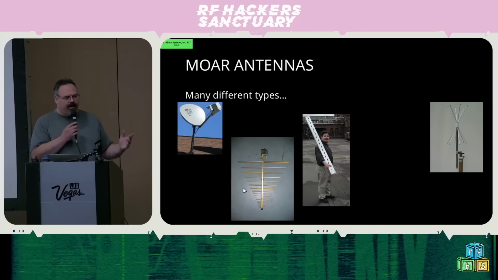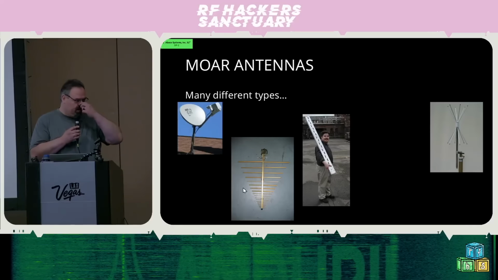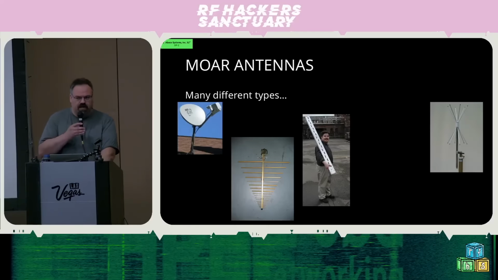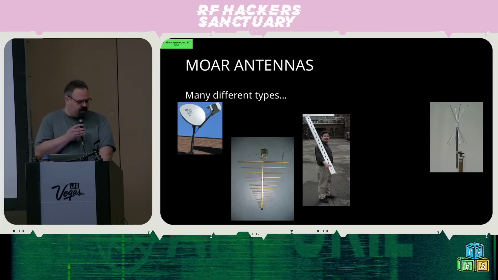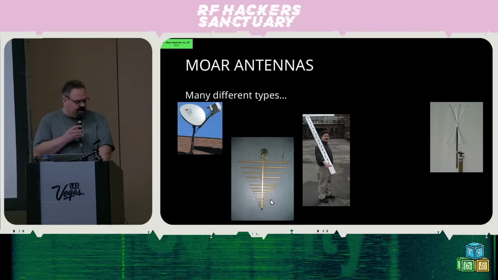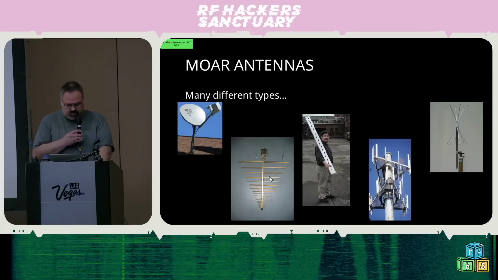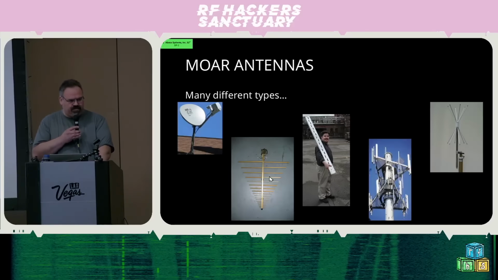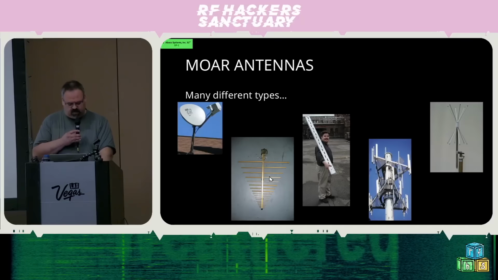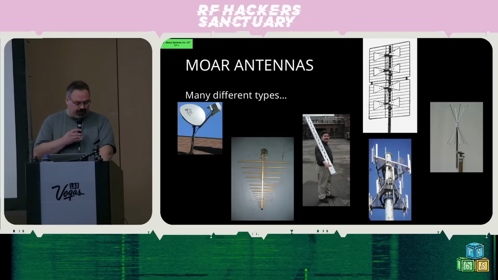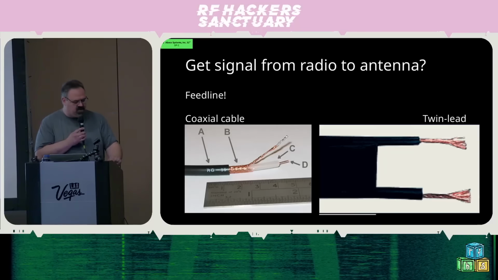Logarithmic antenna or log periodic: it basically is good for a whole lot of frequencies. It's a very wideband antenna, and it's a little bit directional. Cell phone sector antennas, biquad antennas with reflectors, all kinds of stuff.